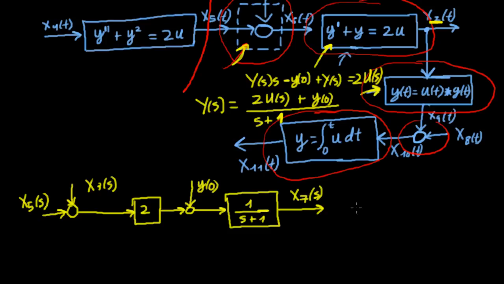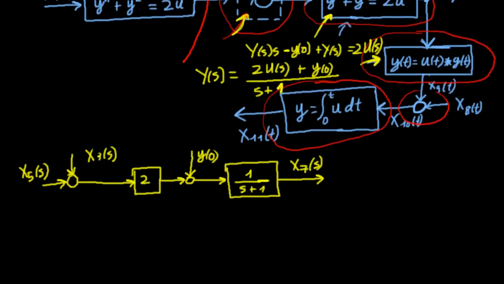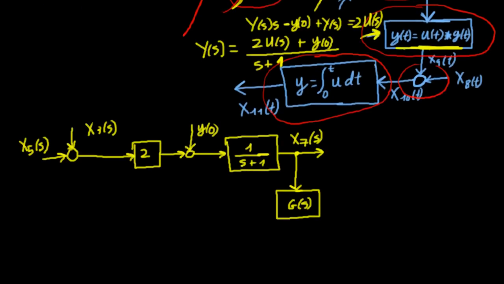of s. Okay, great. Here we have a convolution, and we know from the properties of the Laplace transform that a convolution transform is just a multiplication. So here we'll just write g of s, and the output of this will be x9 of s.